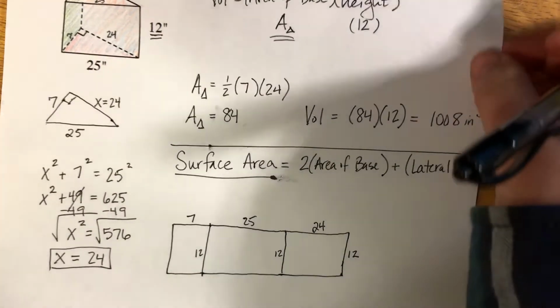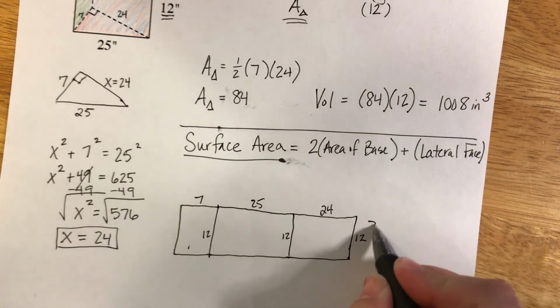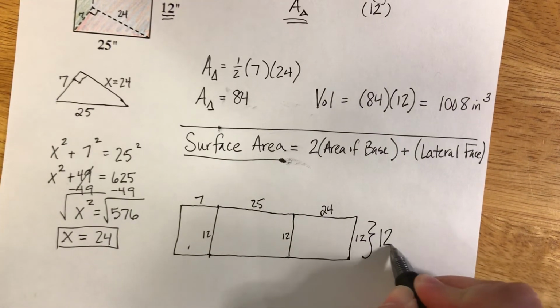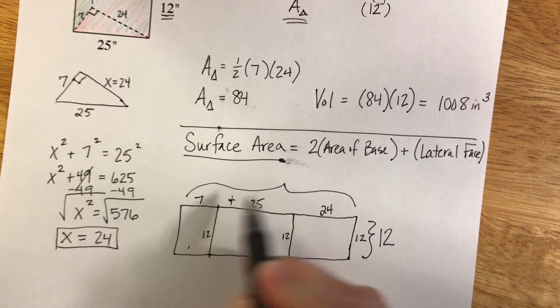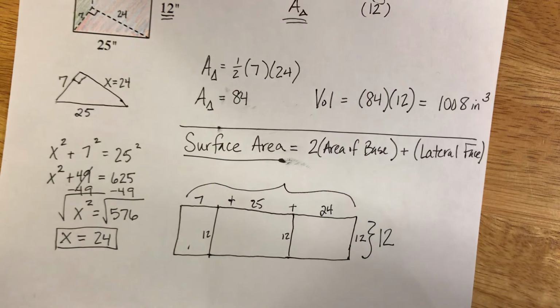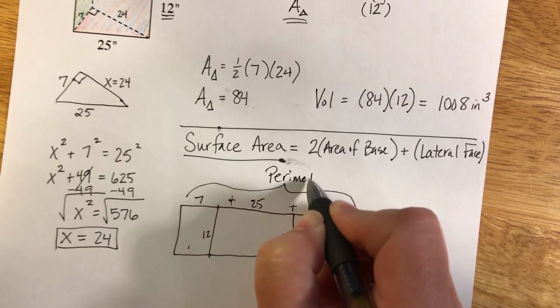If I take a look at these all together, they make one big rectangle, and the length of that rectangle is 12, and the width of that rectangle is 7 plus 25 plus 24. That is the perimeter of my base.